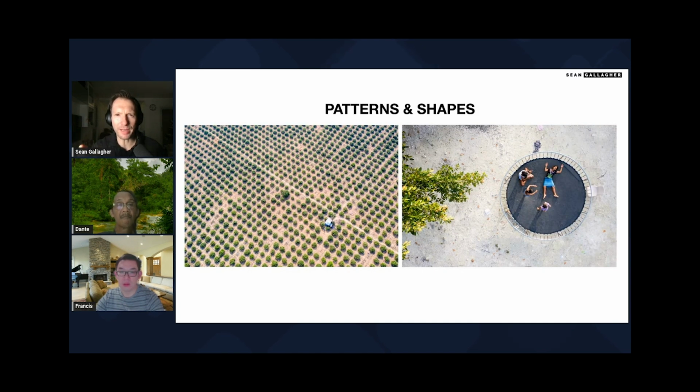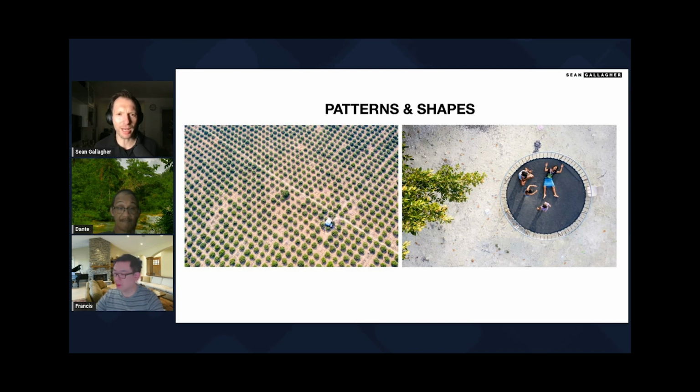And in a similar vein, a great way to enhance your images with your compositions to make them stronger is to look out for patterns and shapes, because the human eye is drawn towards both of these. And so if you can use them, it can contribute to making your images much stronger and more impactful.